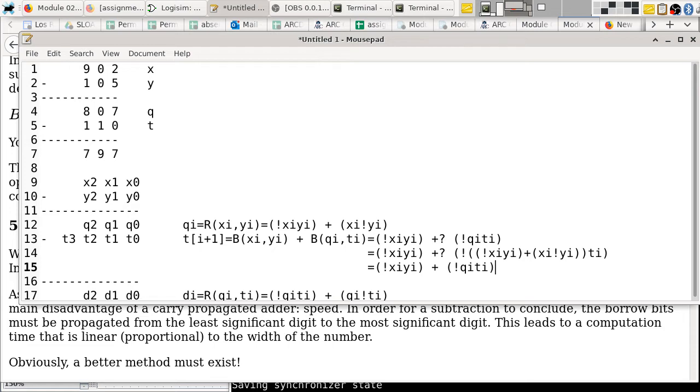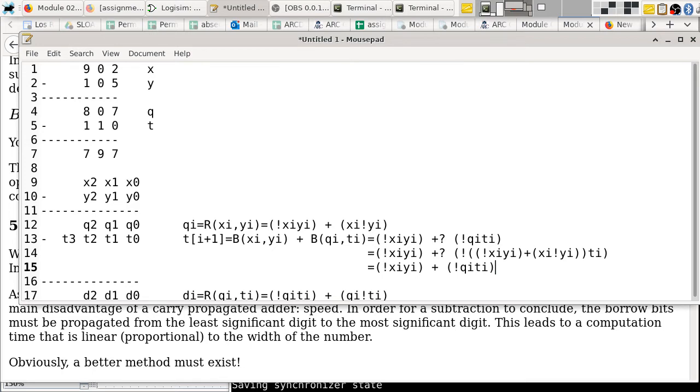So what is different about the T versus the K? Because I call these terms K in addition. What is the difference? Oh, it's using borrow. The borrow is without this negation and without that negation. The carry, okay?